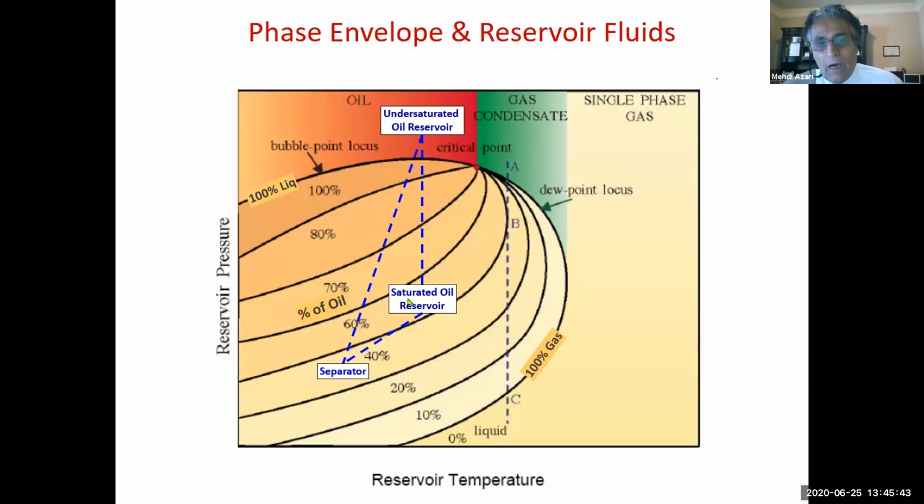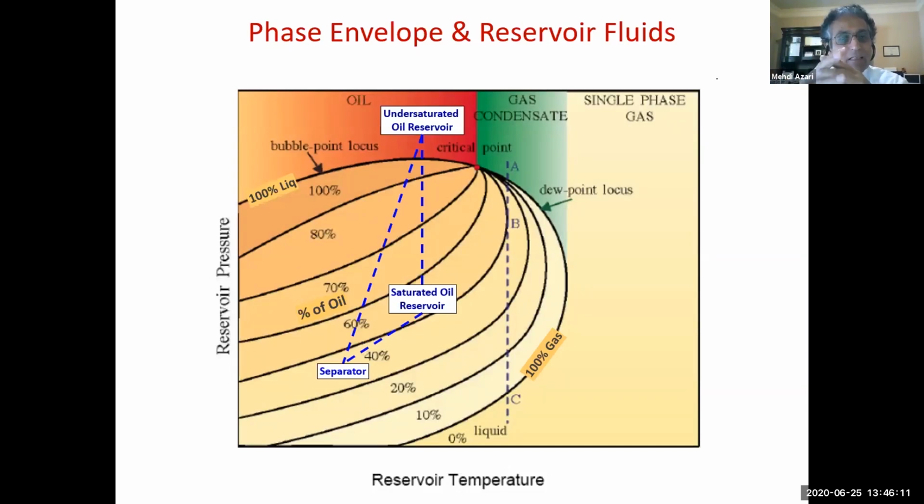Now, I need to explain here, why do we call it undersaturated? Because when I was a student, I was saying, wow, I have more gas here. Why is it undersaturated? I got less gas here. Now, the point is that the oil which is here has gas in it. So this is oil. If I drop the pressure just 1 psi, more gas comes. If I increase the pressure by 1 psi, more gas goes into solution.